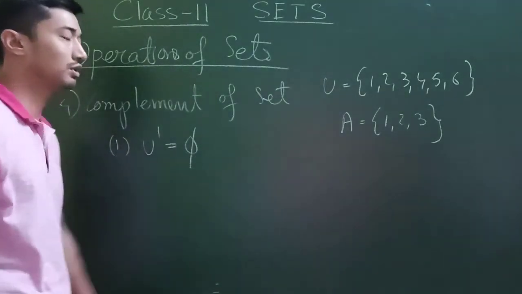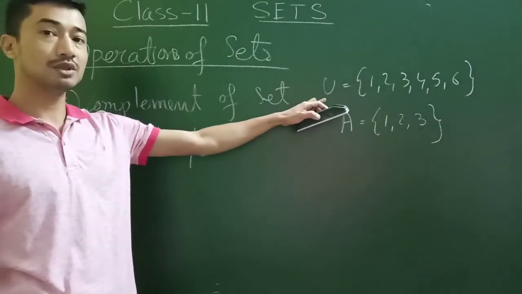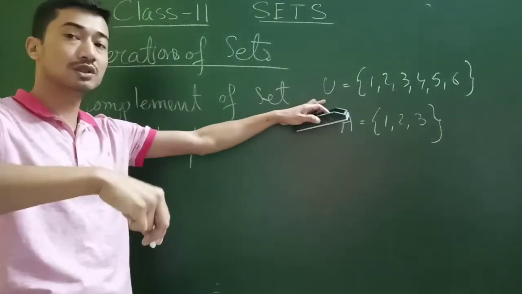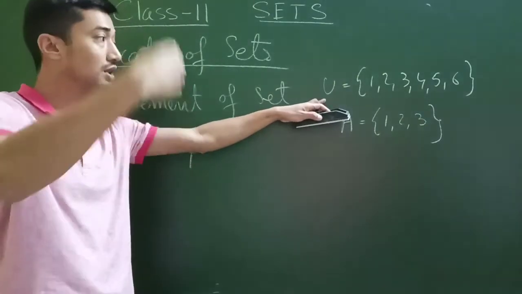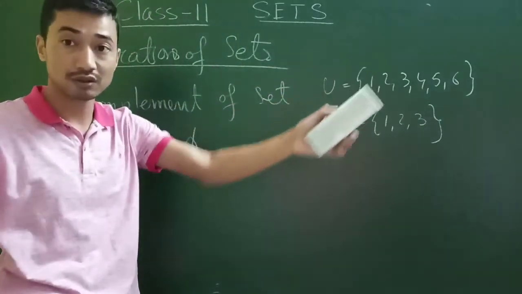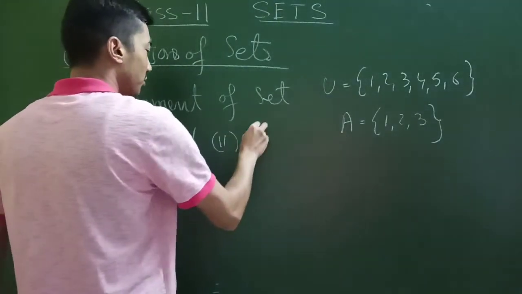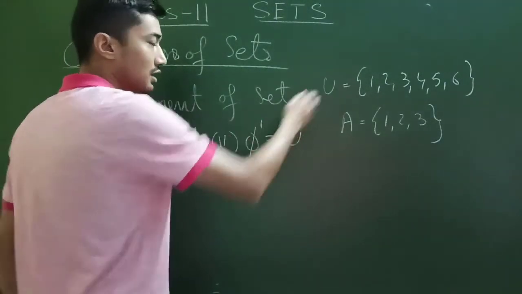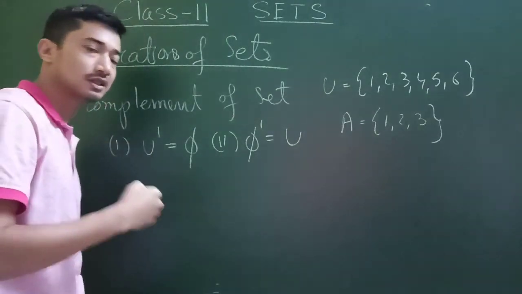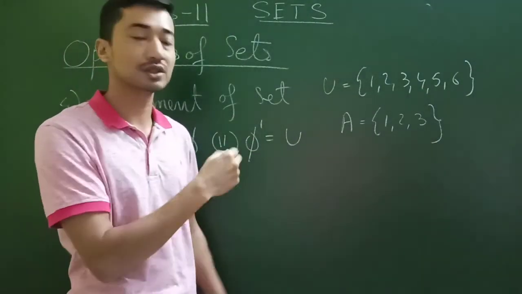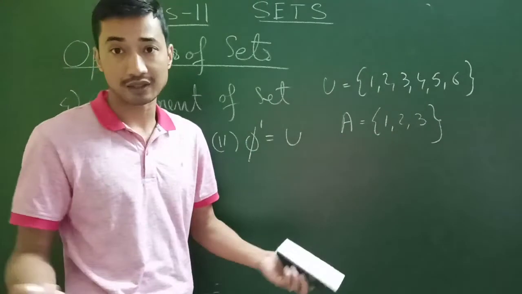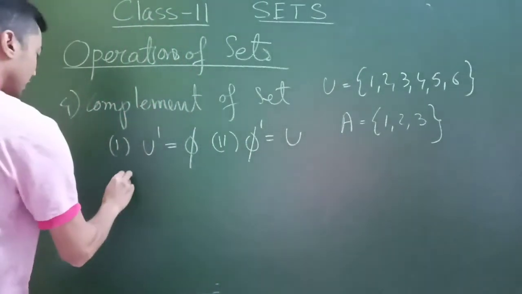Because all the elements which are not in the universal set, you cannot compare that because there is no other set. So null set. Similarly, complement of a null set is a universal set. That depends on the frame of reference, on the particular question, because the universal set can change depending on the question. So not a big deal there.